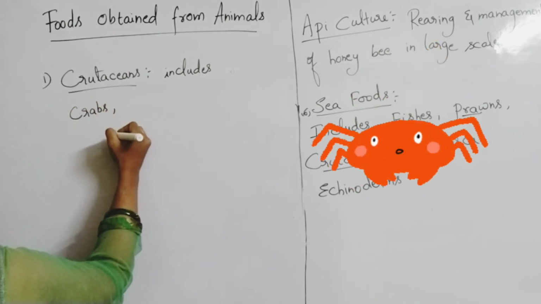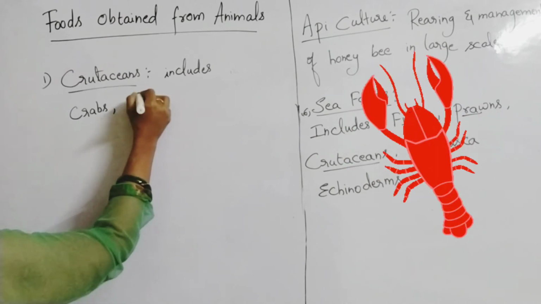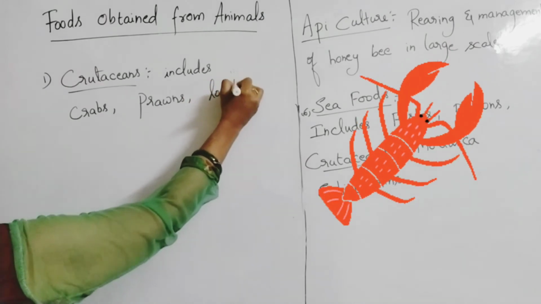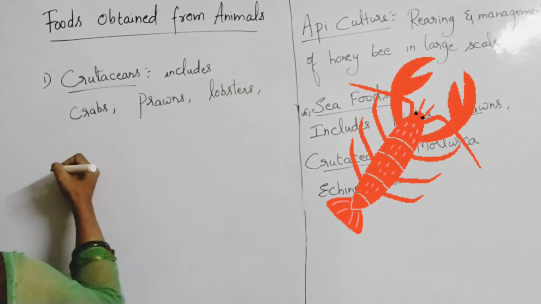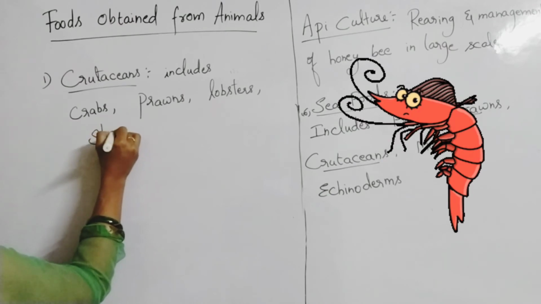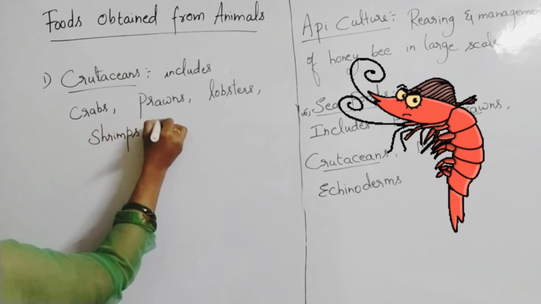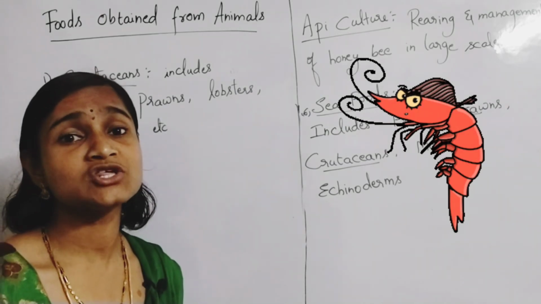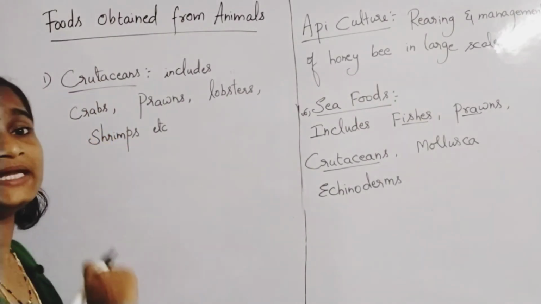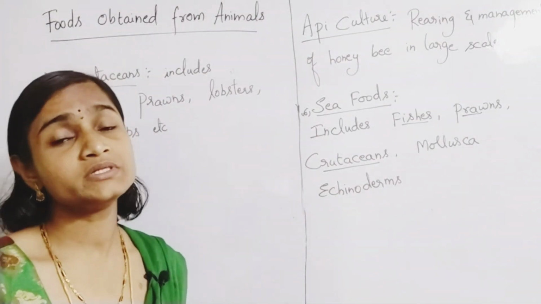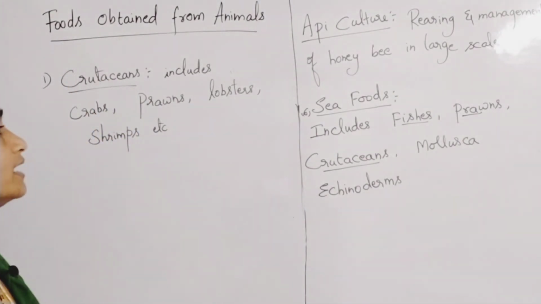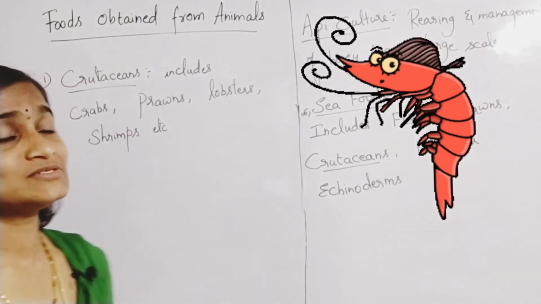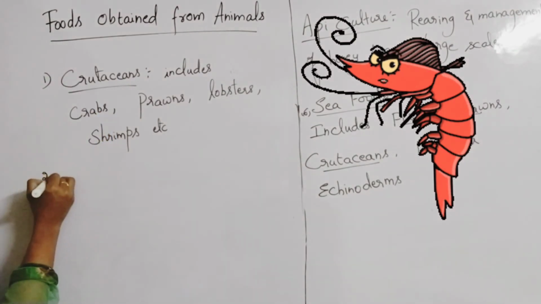They include crabs, prawns, lobsters, you all know, and shrimps. All these come under crustaceans. Prawns also come under crustaceans, and then lobsters and shrimps. You can see them in the pictures.